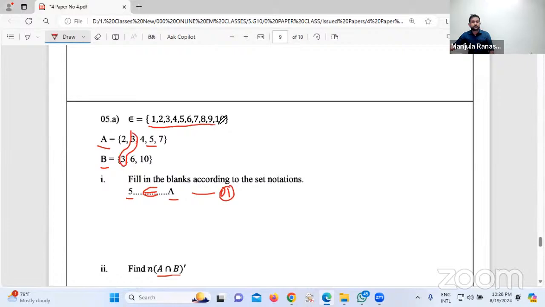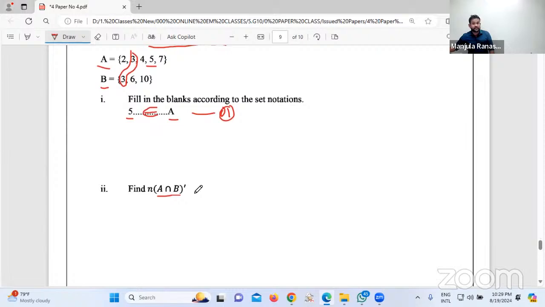In the universal set, cut the A intersection B, that is 3, except that. The dash means except that. From 10, 1 is in A intersection B. So except that, all other 9 elements are there. So in (A intersection B) dash, we have 9 elements.